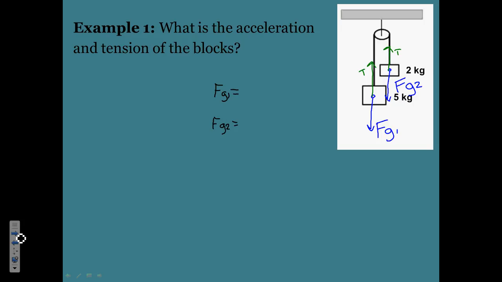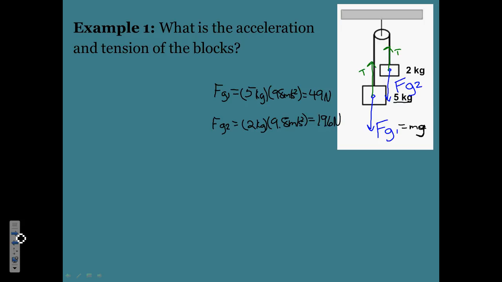And remember, Fg is calculated mass times g, not a, g, which is 9.8 meters per second squared. My mass is 5 kilograms times 9.8 meters per second squared, which equals 49 newtons. My Fg2 is 2 kilograms times 9.8 meters per second squared equals 19.6 newtons.